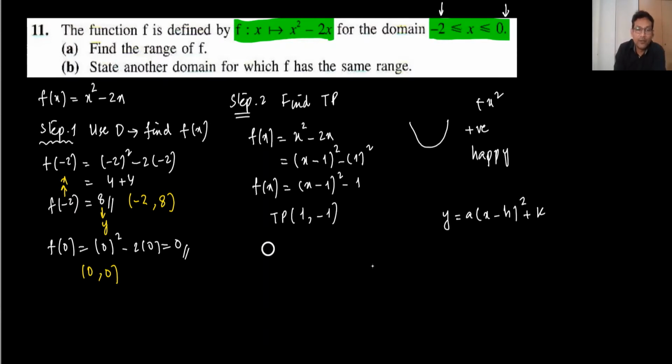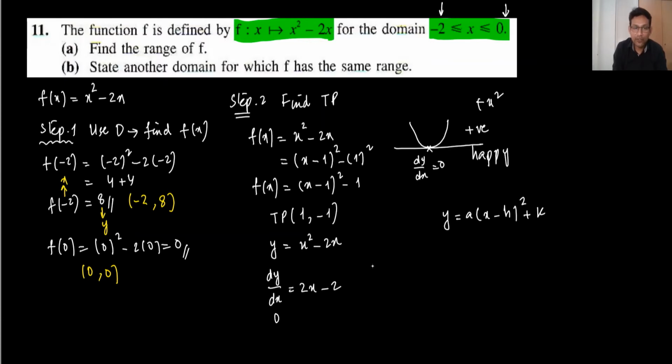Okay, I would like to explain the other way to find the turning point, because this is y equals x squared minus 2x. We can use dy upon dx, because we are doing advanced, all chapters are coming in the exam. When you differentiate, it is coming 2x minus 2. And remember, when you find the turning point, this is called the minimum point, and the gradient is always 0.